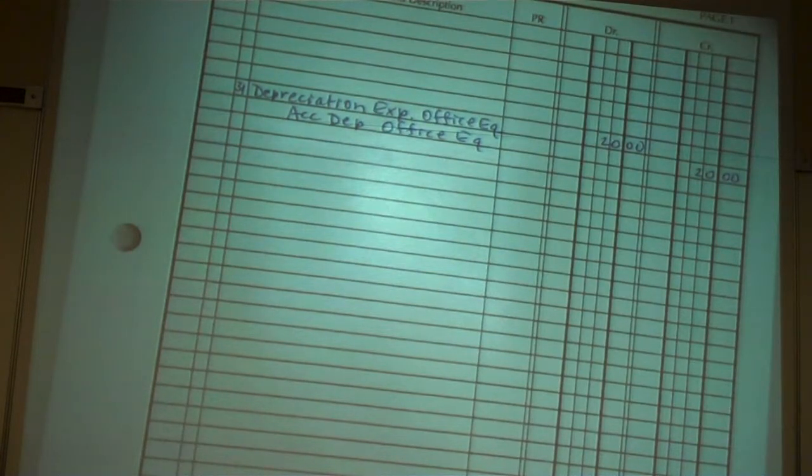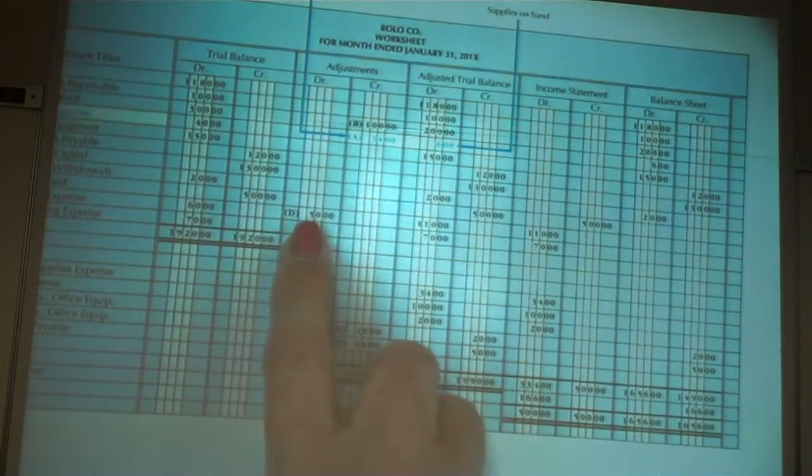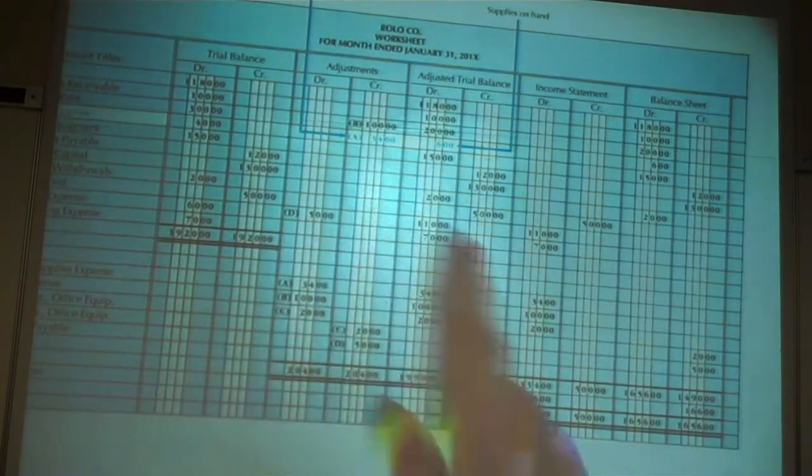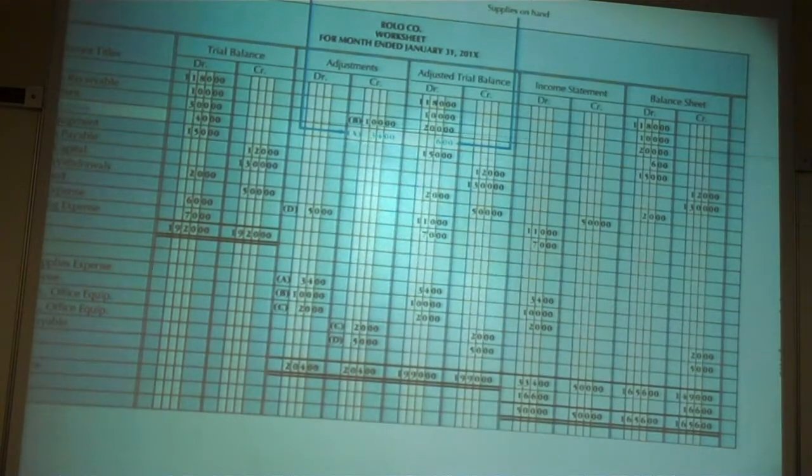And then we had one more, and that was our D. And the debit for the D is salaries expense, and our credit is going to be salaries payable.